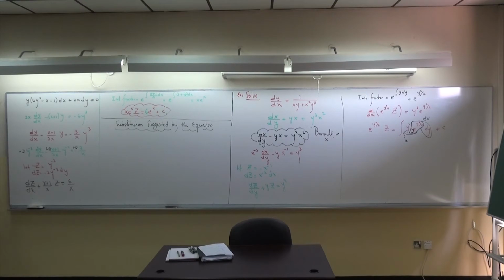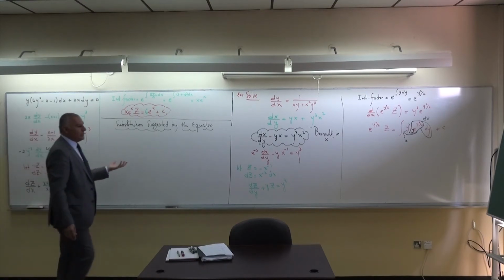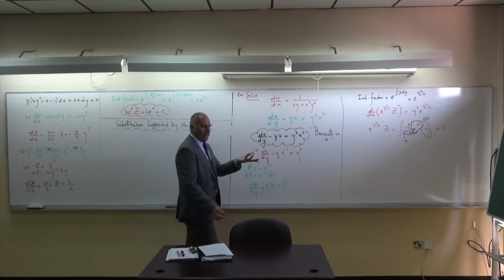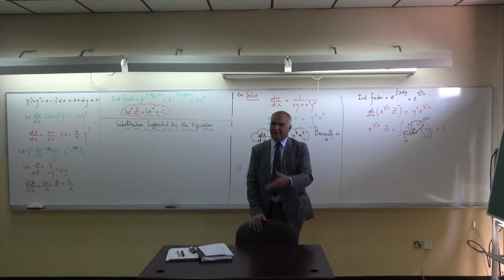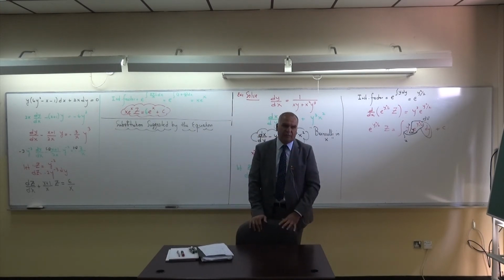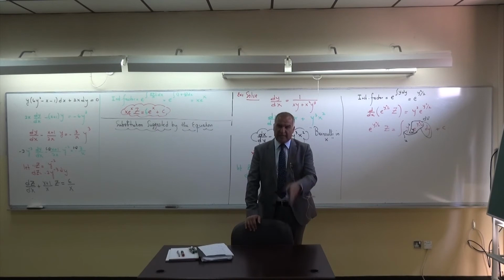So I have a method called substitution. The equation is always given in terms of x and y, as is customary. But it is not separable in x and y. It is not homogeneous in x and y. It's not linear, and so on.